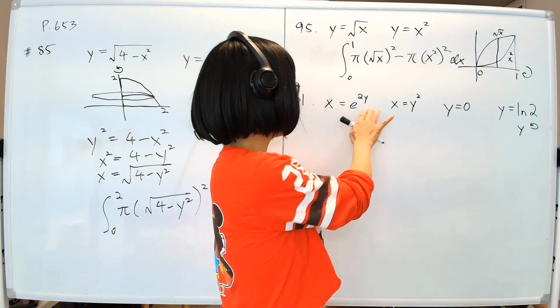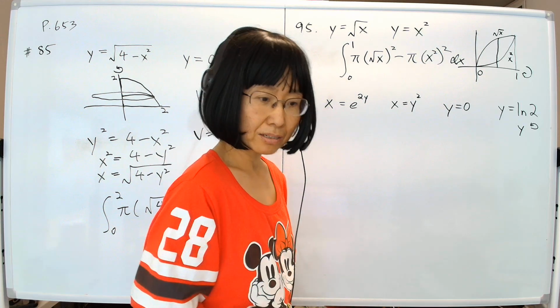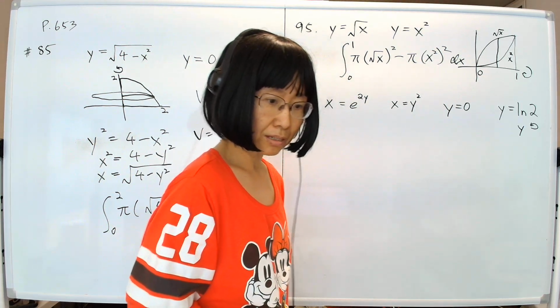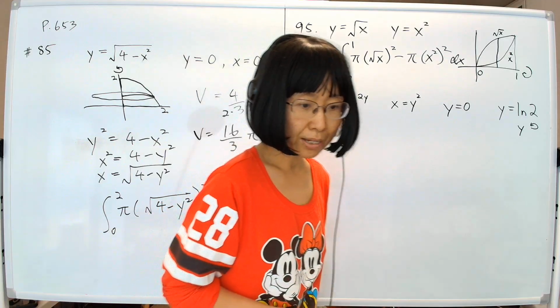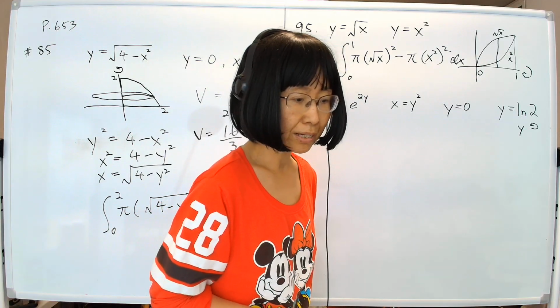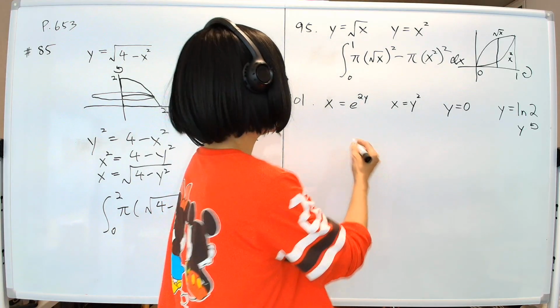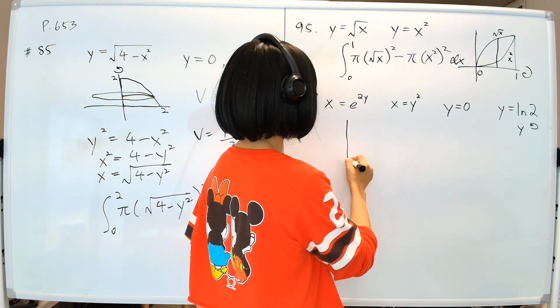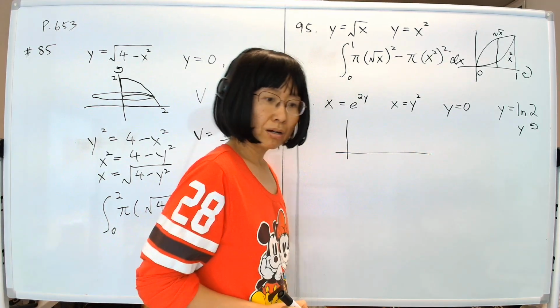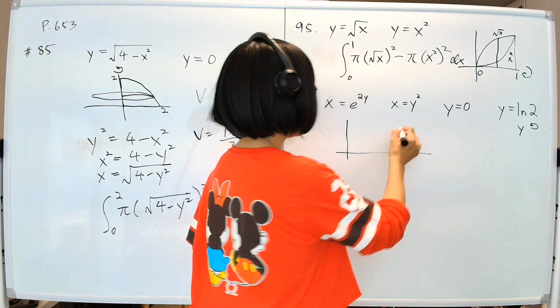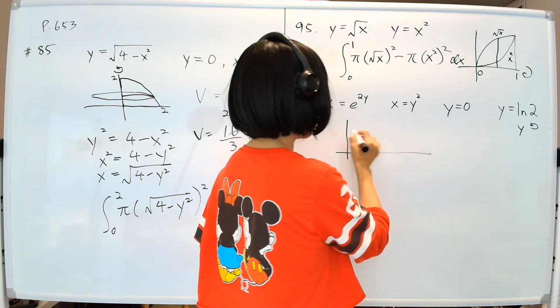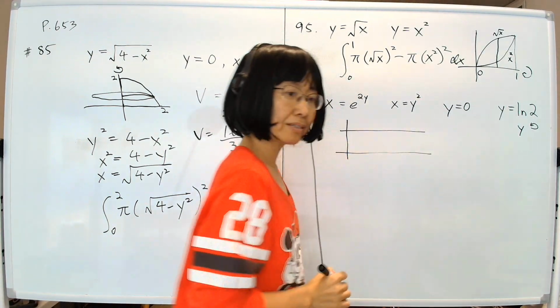You can just type it in without changing any variables. Type in x equal to e to the power 2y, and there it comes. Okay, y equal to 0 and y equal to negative. So it looks something like this. I will copy that down here. That's the x-axis, and there's a line here.